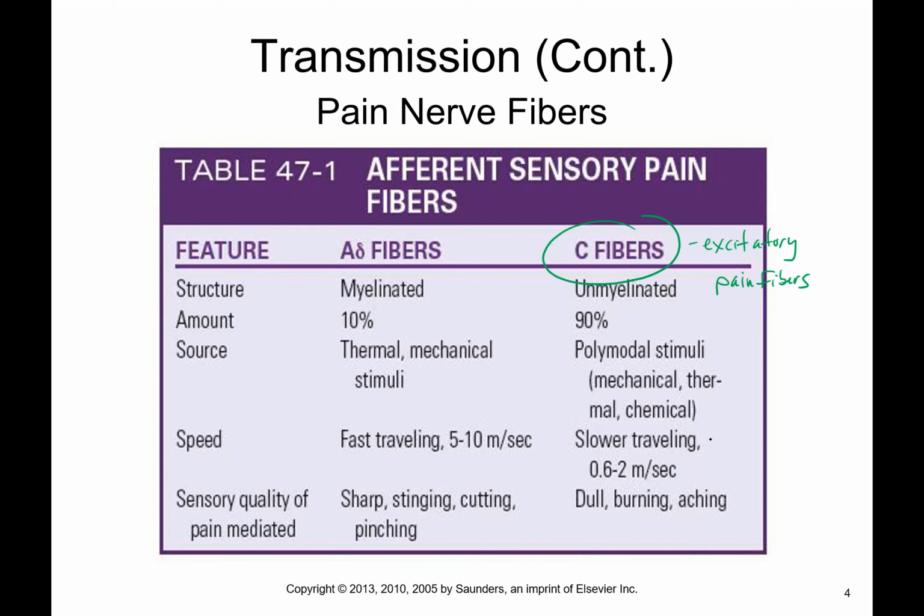The C fibers happen to be slower, in other words, slower at transmitting the impulse. And then you have the alpha fibers, which are fast. The alphas are myelinated, the C fibers are unmyelinated.